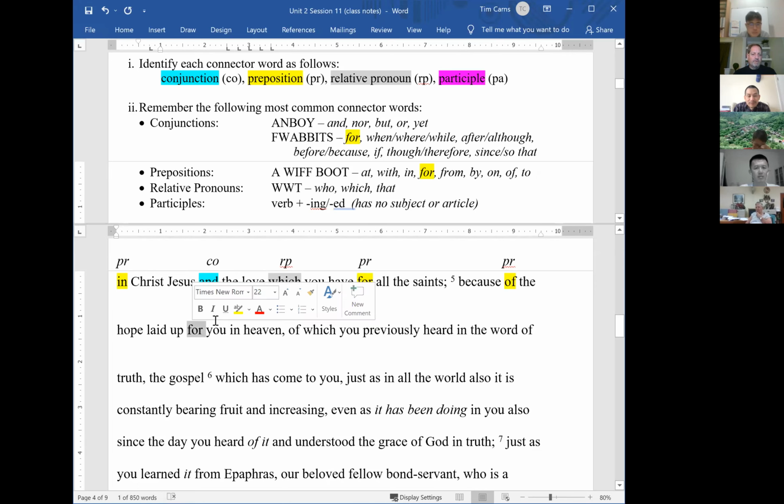All right. What is this word? What kind of connector word is it? Just look at what follows. What do you see, a verb after it?